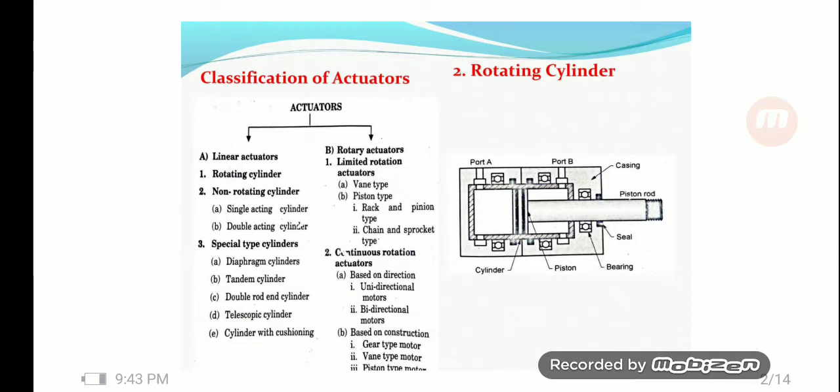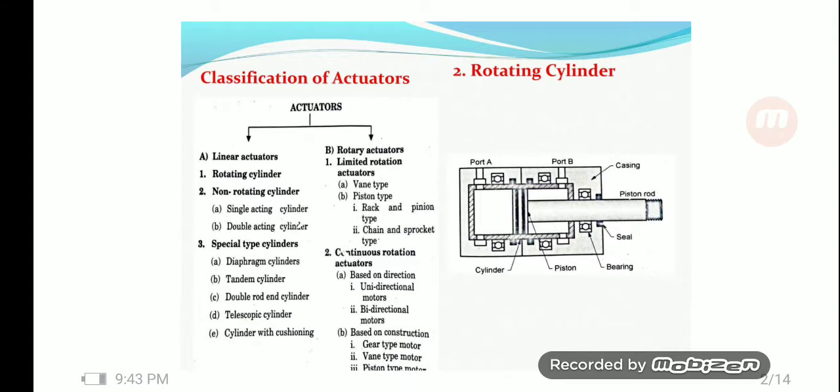Actuators are classified into two categories: linear actuators and rotary actuators. Linear actuators are subclassified into three parts: rotating cylinder, non-rotating cylinder, and special type cylinder.